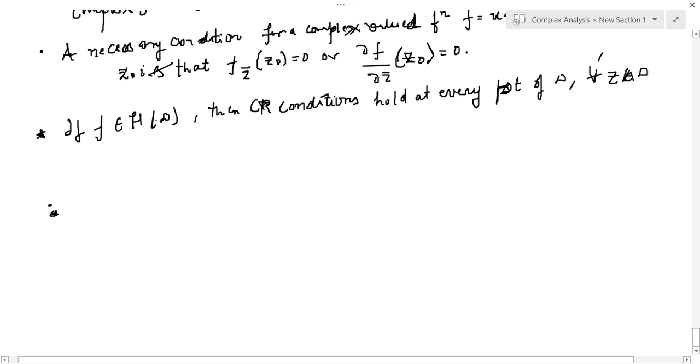What I want to mention is that if a function is analytic on a domain D, then it must be analytic in some open set containing this domain D. So for every point in this domain D, the function must be differentiable. And if the function is differentiable at every point in this domain D, then clearly CR conditions must hold at every point of D. So this is very important. Okay. Now think about this.